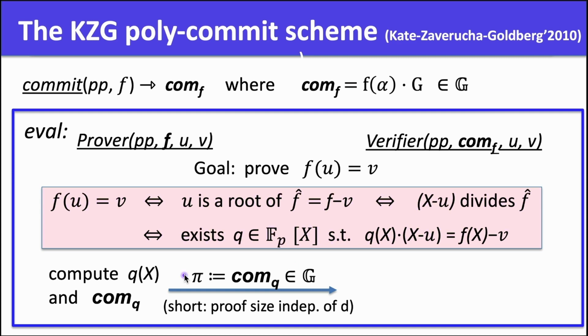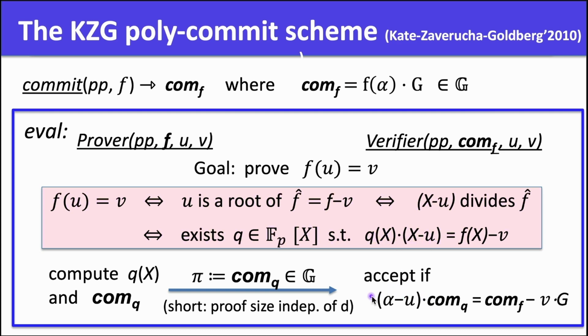How does the verifier verify this proof pi? Well, what the verifier will do is it's basically going to check that the two commitments line up. So it will take the commitment to the quotient polynomial q and multiply it by alpha minus u. Now, if you think about this for just 1 second, you'll see that alpha minus u times com q actually is exactly the commitment to the polynomial q times x minus u.